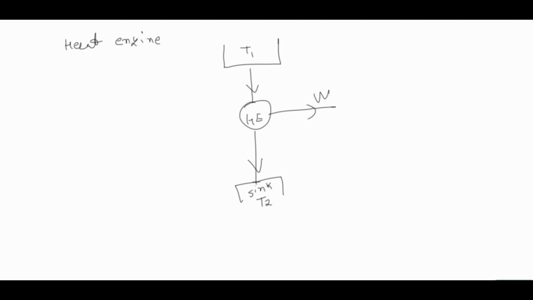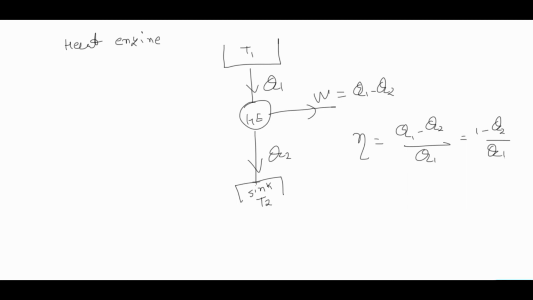Here this work done becomes Q1 minus Q2. This is Q1 and this is Q2. We all know that. Here the efficiency of heat engine is Q1 minus Q2 upon Q1 is equal to 1 minus Q2 by Q1. So please remember this also.